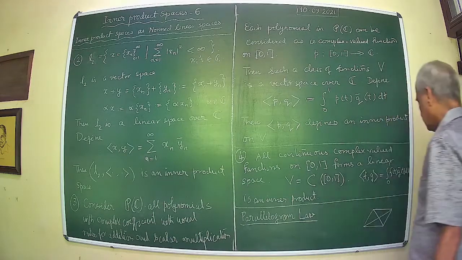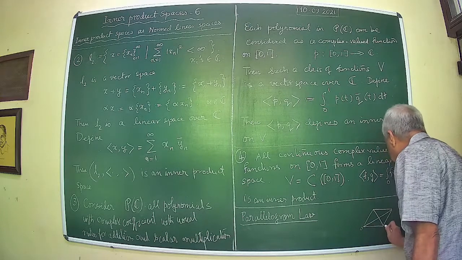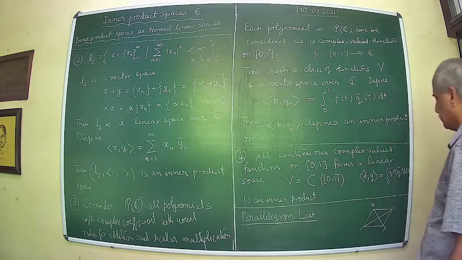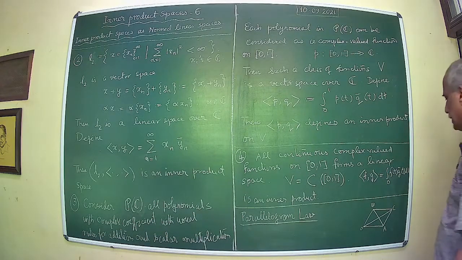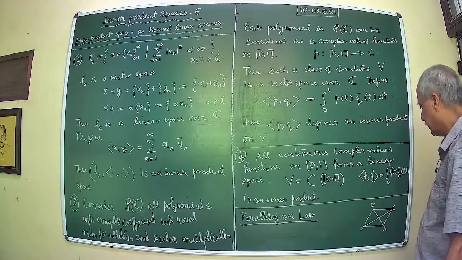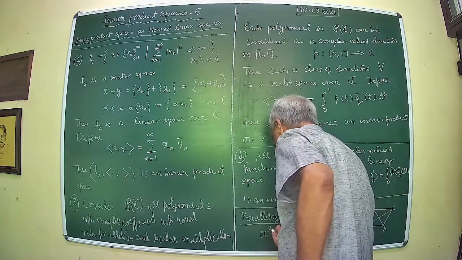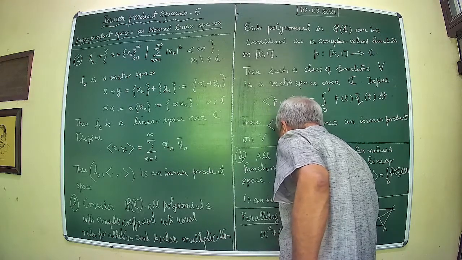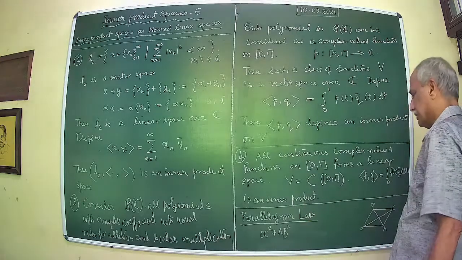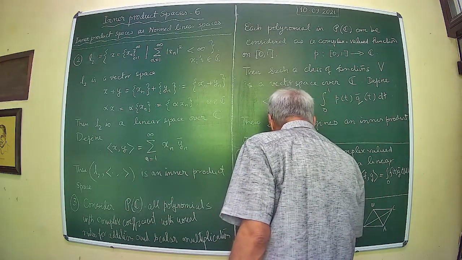Now what you can prove is this. B, C. You can show that OC square plus AB square, by which I mean the length OB, or if you want you can do this.